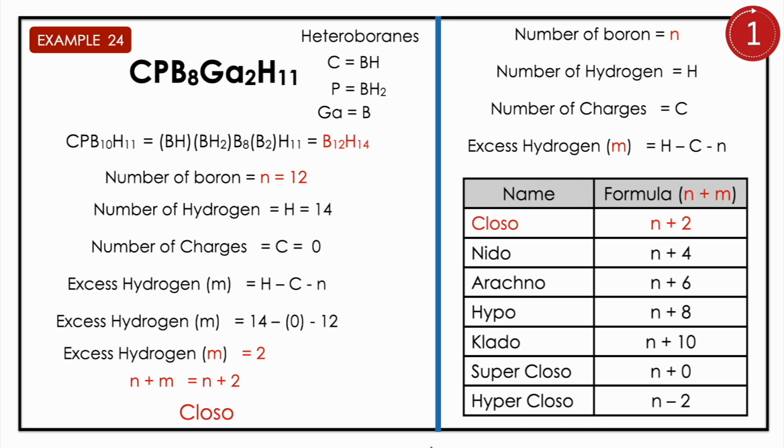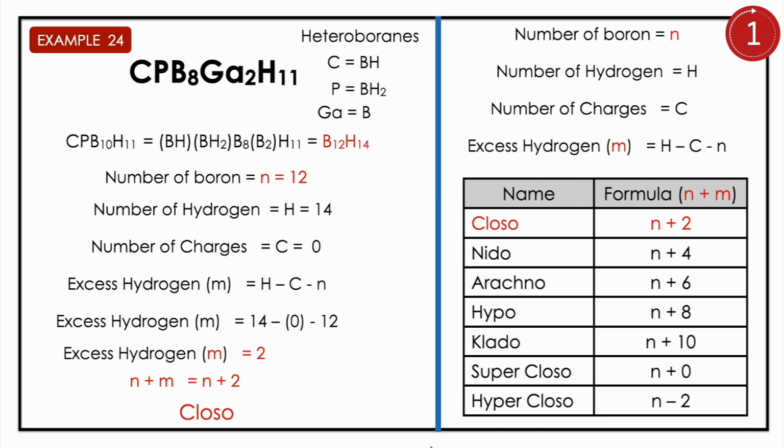The compound becomes a simple borane. So we should find the excess of hydrogen to find the structure. First step will be identifying the number of boron, which is 12, that is N equals 12, then hydrogen, which is 14. So H equals 14. There are no charges. So C equals 0. Excess of hydrogen will be M, which equals H minus C minus N. If you substitute the values, it will be 14 minus 12, which is M equals 2.